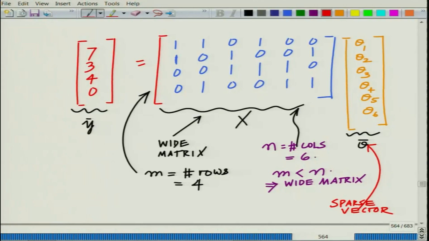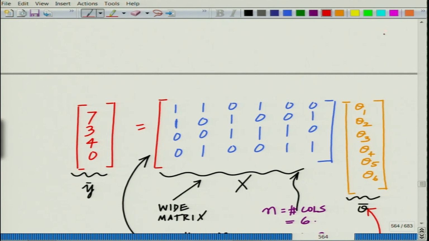Unfortunately, what makes the problem rather challenging is that it is not known which theta i are 0 and which theta i are non-zero. That is the support of this vector. The support of the vector indicates those indices where you have the non-zero theta i's. The support of this parameter vector theta bar is unknown. So, I will say simply here that the support is the key in sparse regression, that is, the support is unknown, and these are the columns.